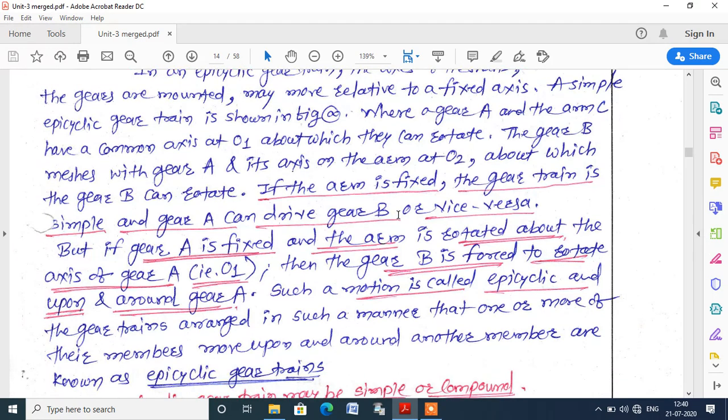If the arm is fixed, now please remember, the gear train is simple, and gear A can drive gear B or gear B can drive gear A. But if gear A is fixed and the arm is rotated about the axis of gear A, that is O1, then gear B is forced to rotate upon and around gear A. Such motion is called epicyclic motion, and a gear train arranged in such a manner that one or more of its members move upon and around other members is called an epicyclic gear train.